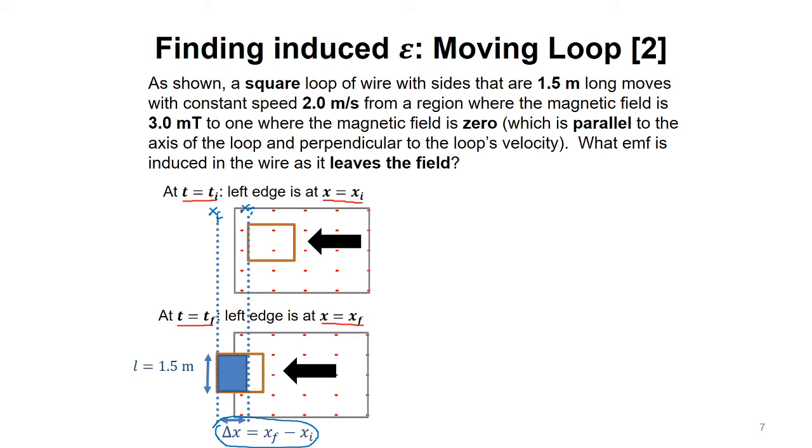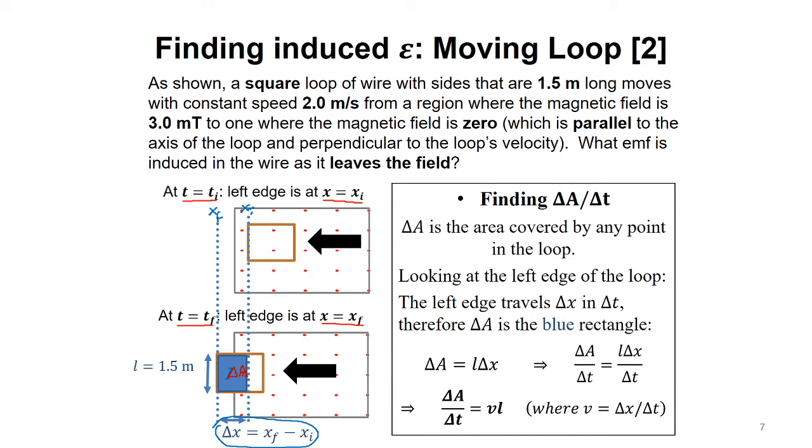We don't know what x final is, we don't know what x initial is, but we know there are two different locations. And if we multiply the delta x by the 1.5 meters, the side of the square, we get this blue area. This blue area is our delta A. It depends on delta x, how much the loop travels in this time, and also on the side of the square, the 1.5 meters.